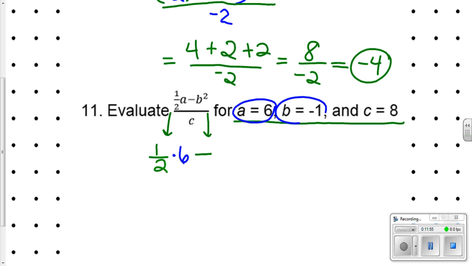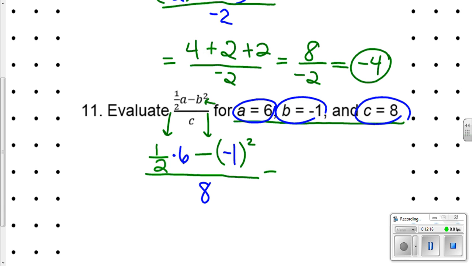B is -1. Squared. Well, again, thinking about the problem I just did, it's B in its entirety that's being squared. B is -1, so all of B right here is being squared. Okay, all over C. Going over here, C is 8. So now I just simplify the top, simplify the bottom, and then finally divide.